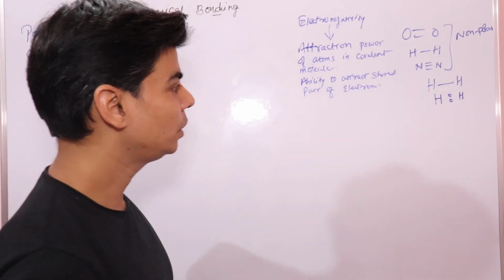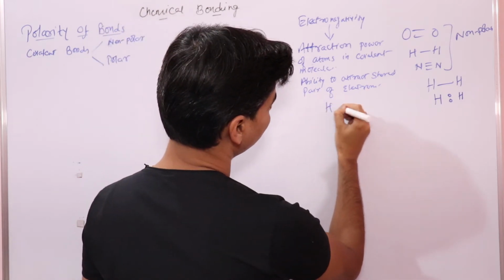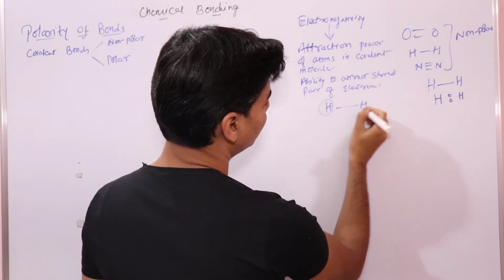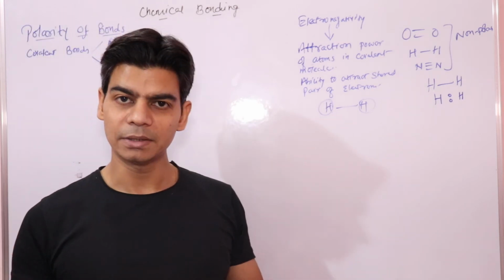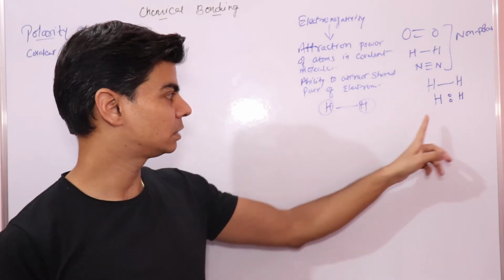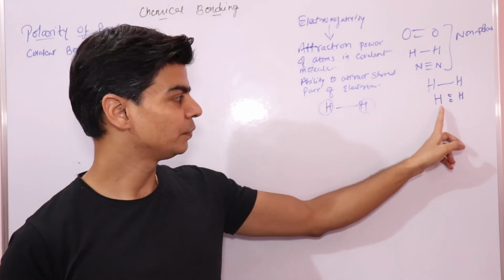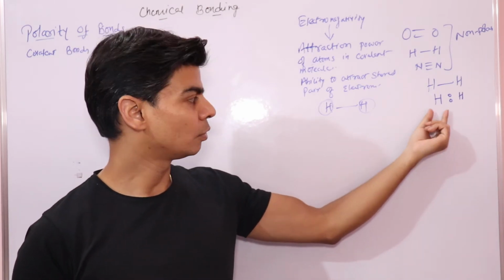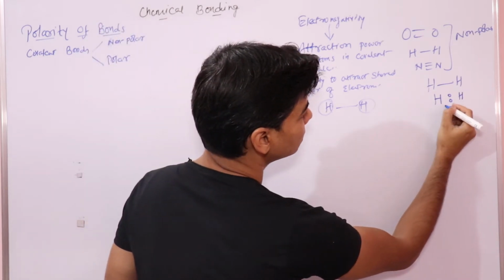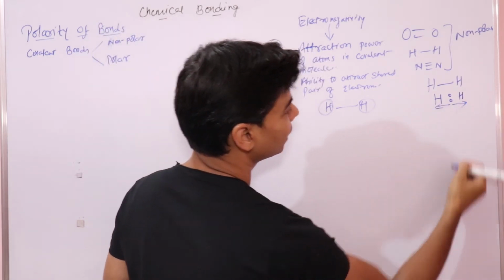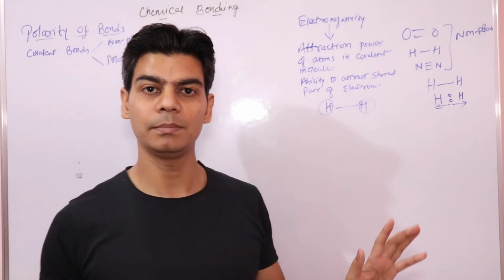right? Now if we talk about both the hydrogen atoms, since they are the same atoms, the ability to attract this shared pair of electrons is the same, right, for both these atoms. So both will attract the shared pair of electrons towards itself to the same extent.